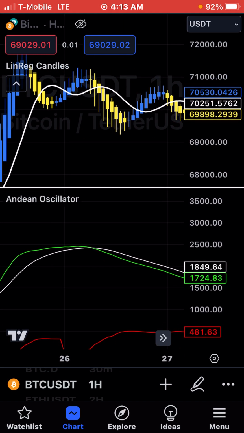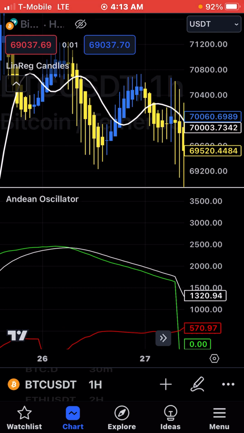Now, like I said, when the green line is going down instead of up, it is a retracement. So basically, the green line going up through the signal line is the sign of a bullish, and the red line going up through the signal line is a sign of bearish. But when you have a green line going down through the signal line, that is a retracement, a bearish movement.